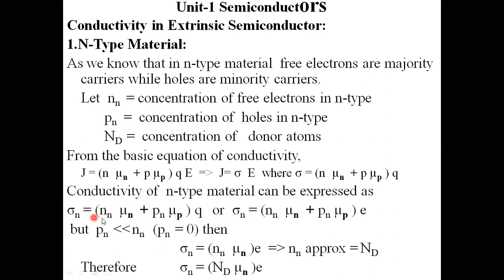That is the conductivity in extrinsic, n-type semiconductor material. I am also representing the q term using small e here. In some textbooks we may come across a small q, or in other textbooks this e also.